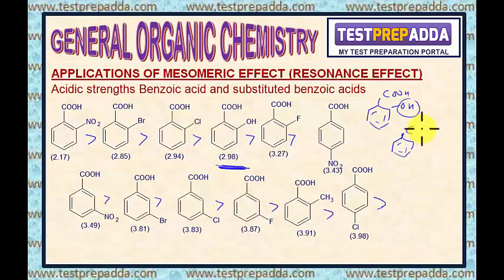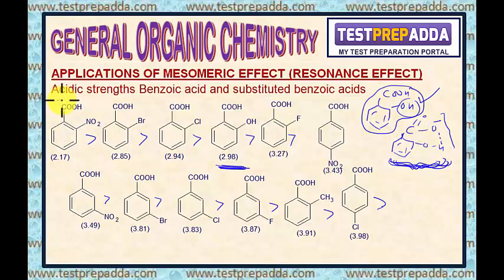If I write the carboxylate ion here, carboxylate ion and OH, we say that because of intramolecular hydrogen bonding, this carboxylate ion is stabilized. Extra stabilization of this benzene carboxylate ion, because of intramolecular hydrogen bonding, and as a result the parent acid, that is orthohydroxybenzoic acid, its acidic strength increases.